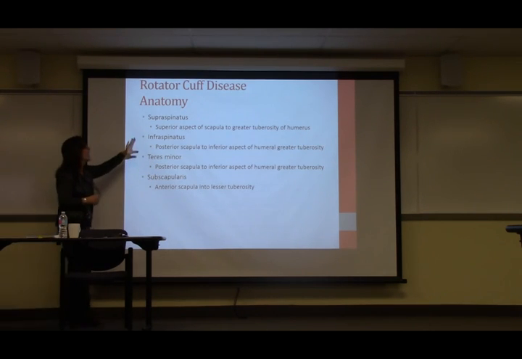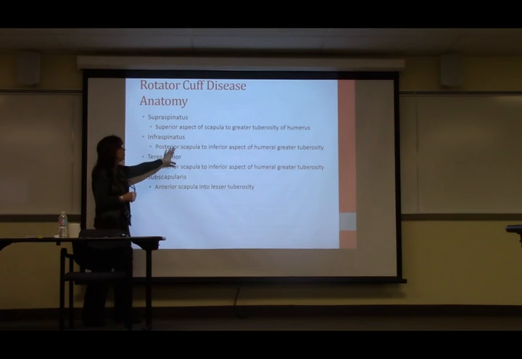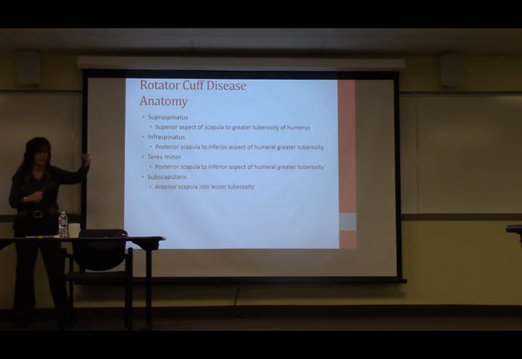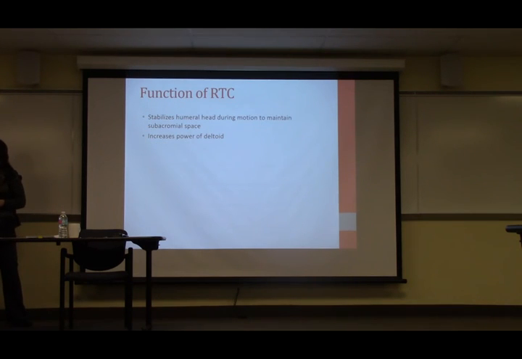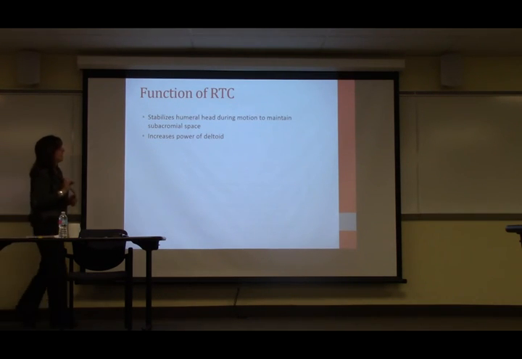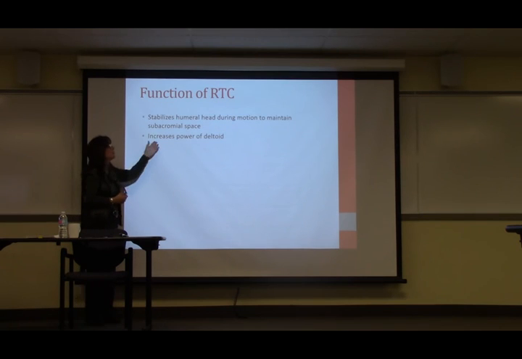And this shows the anatomy. If you want to work with shoulders, you should know where they start, where they stop, where they are on the shoulder. But the big picture thing that you'll have to know for this class is what is the purpose of the rotator cuff muscles, the four muscles of the rotator cuff.